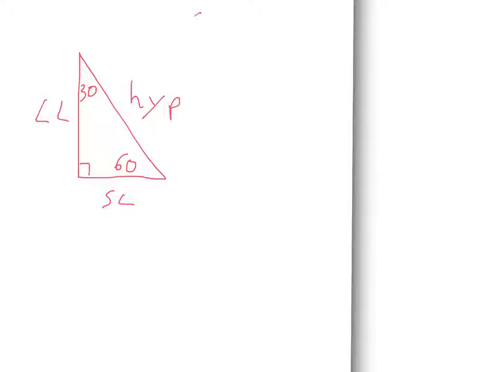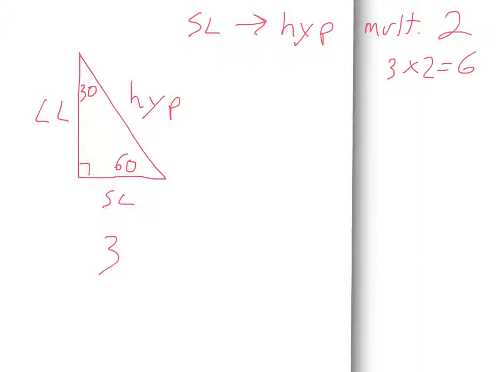If we're going from the short leg to the hypotenuse, then what we do is we multiply times 2. So if the short leg was 3, we would take 3 times 2, that equals 6. That would mean my hypotenuse was 6.